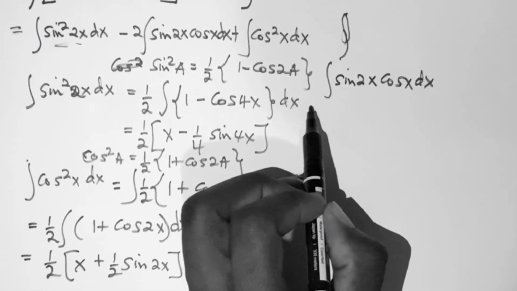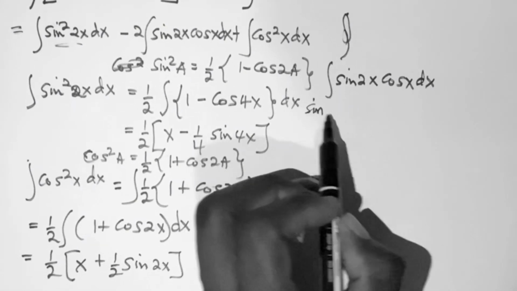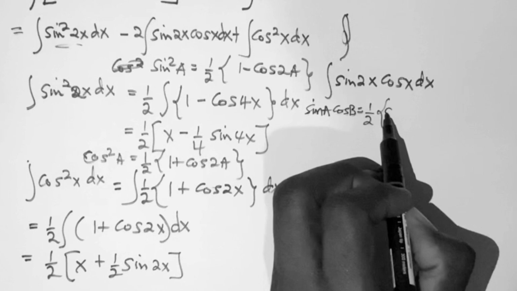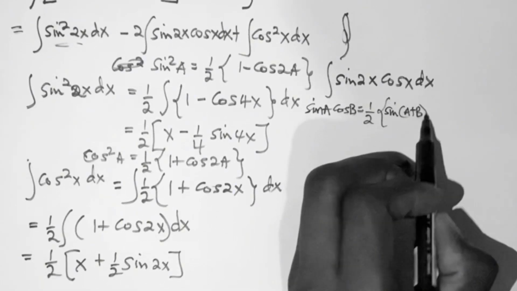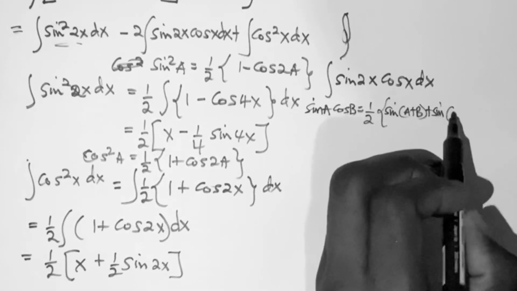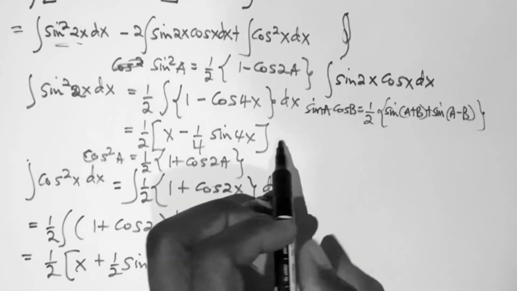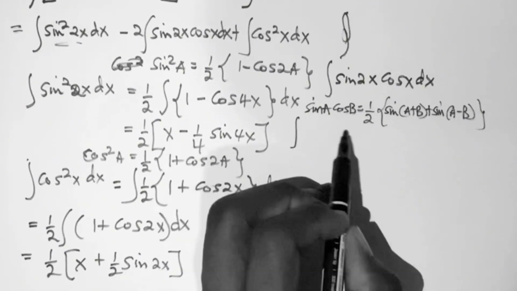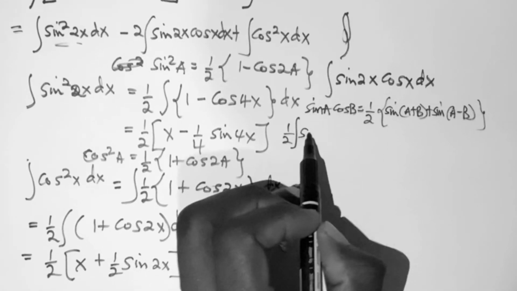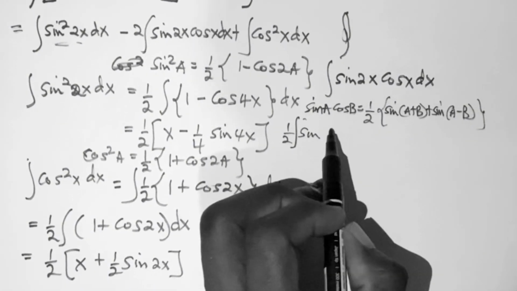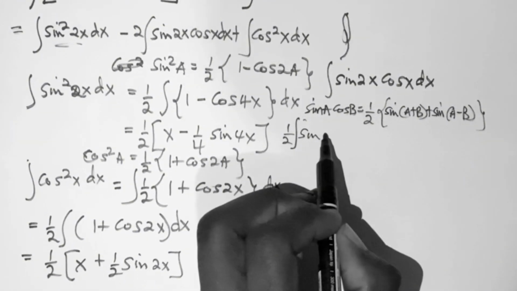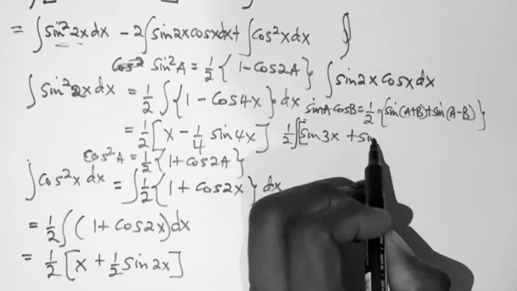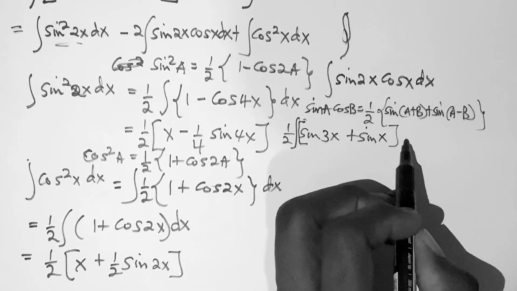So the integral becomes the integral of half, pulling the half out, then sine a plus b, where a is 2x and b is x, so sine 2x plus x is sine 3x, and then plus sine 2x minus x, which is sine x, dx.